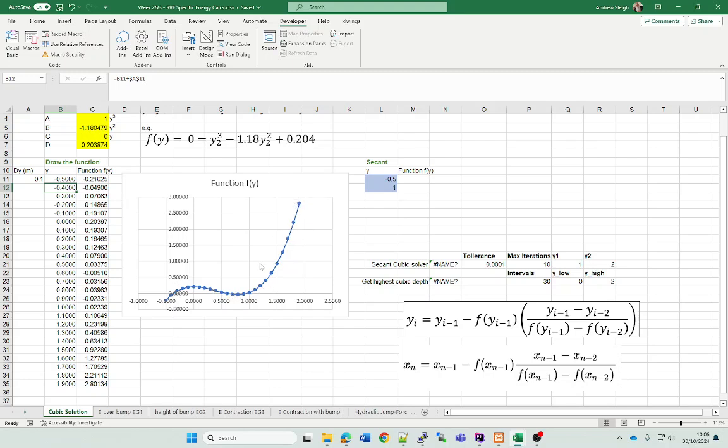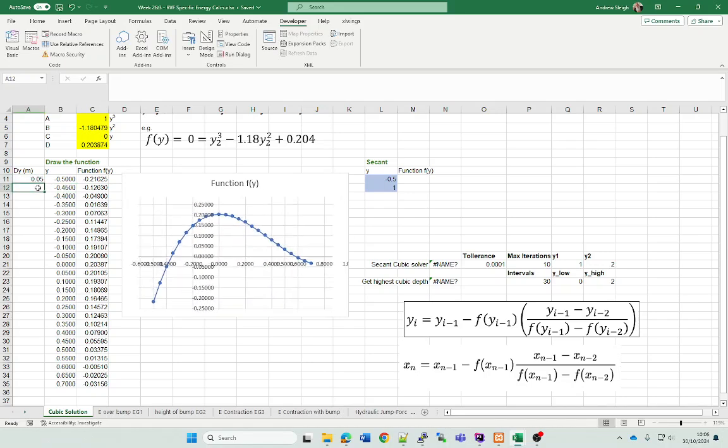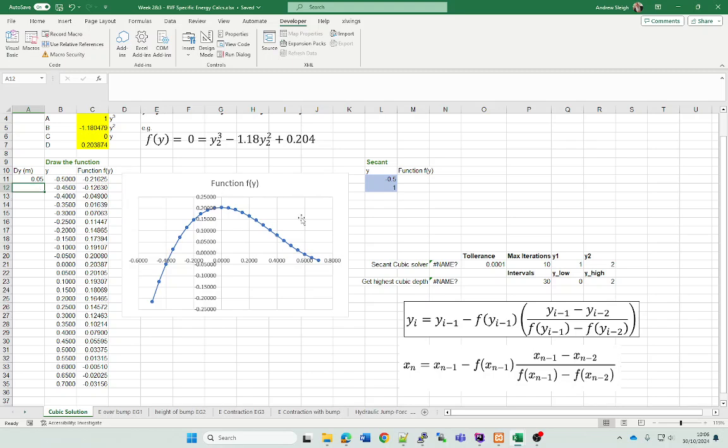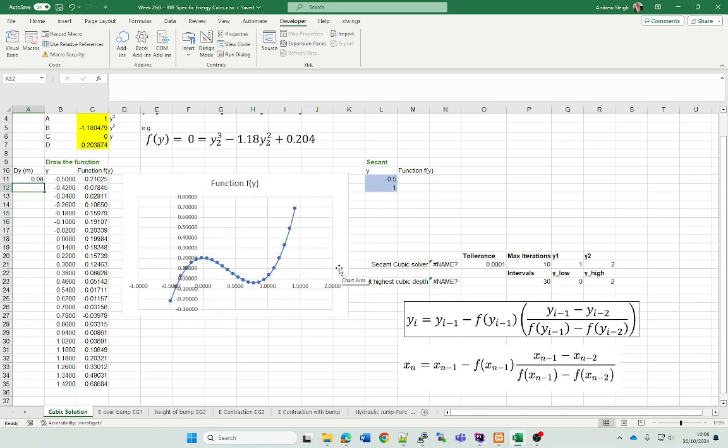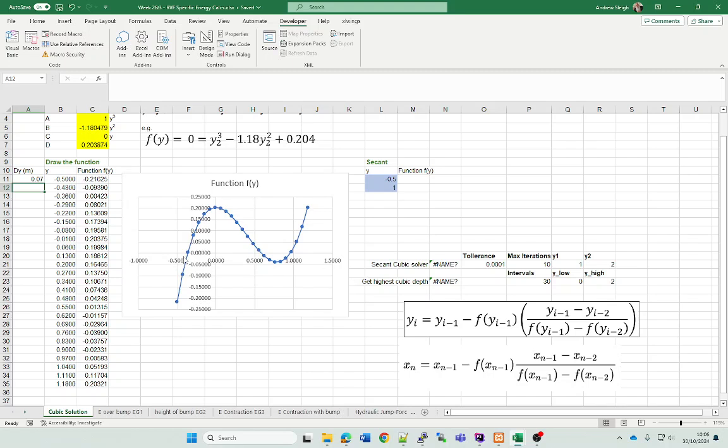All this bit here is irrelevant, so maybe we can change the dy a little bit. 0.05. Yeah. Okay, it doesn't quite go to the right over there, so 0.08, bit much, 0.07. Okay, so we can clearly see the 3 points where it crosses the axis.